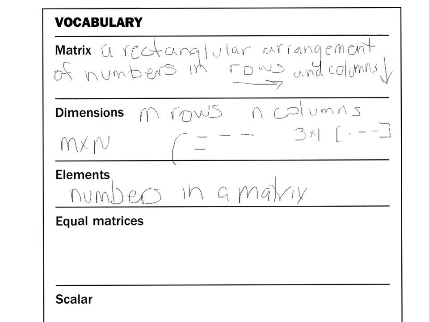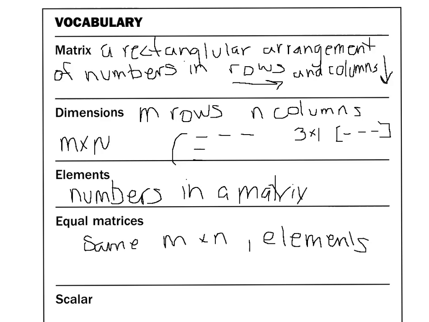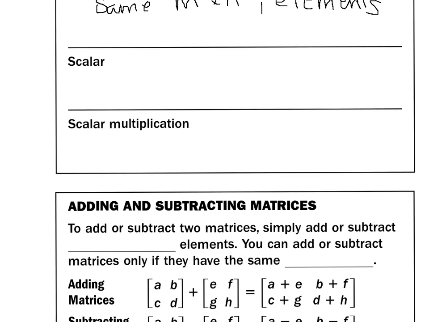Equal matrices have the same m and n, so same rows and columns, and then the same elements. A scalar.